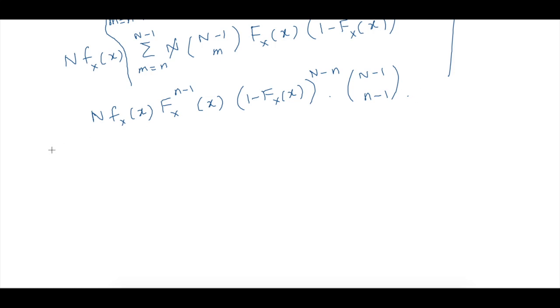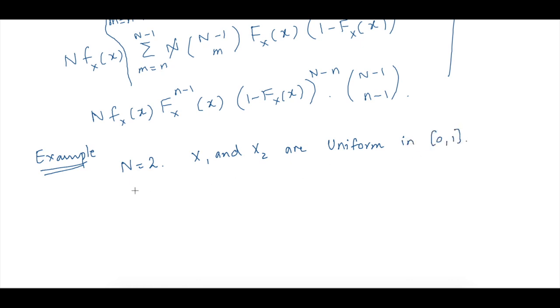Okay, now let's do an example here. Let's say n is equal to 2, and X1 and X2 are uniform in the range 0 to 1.